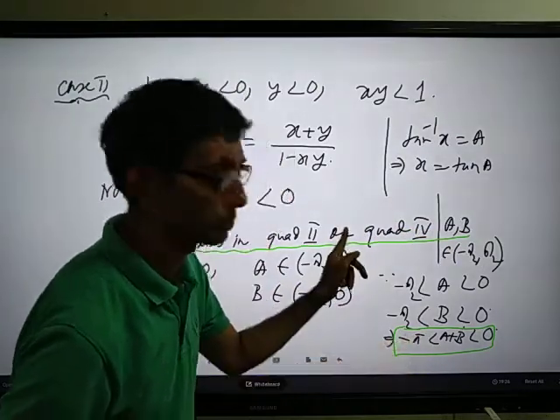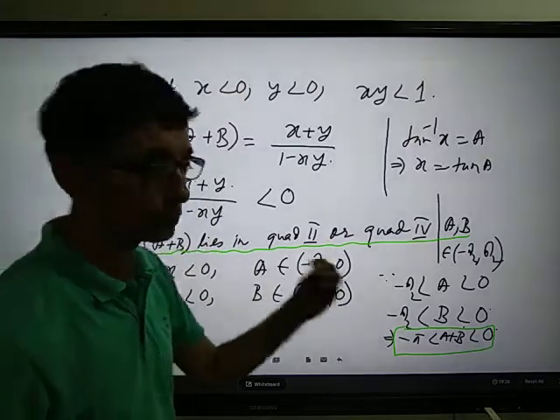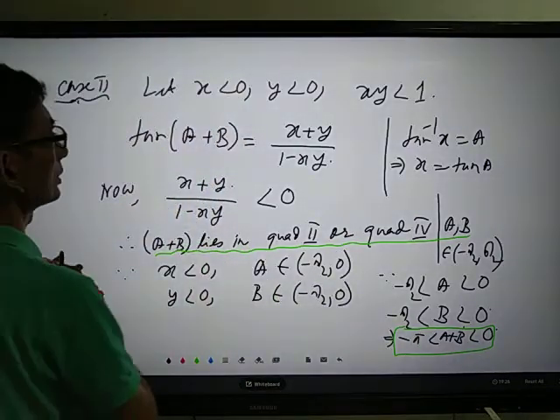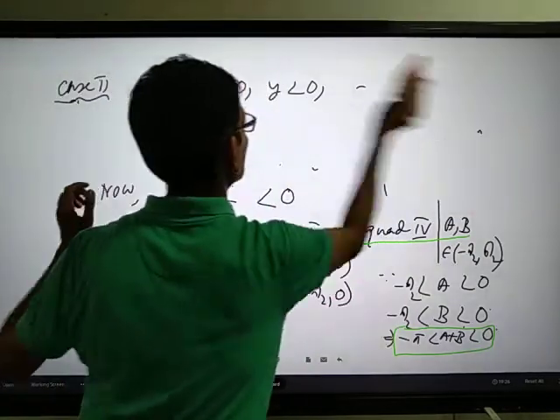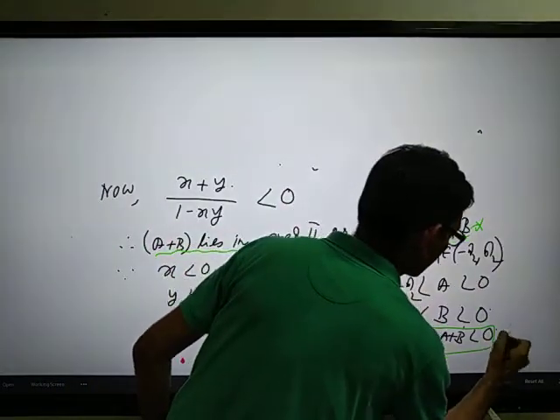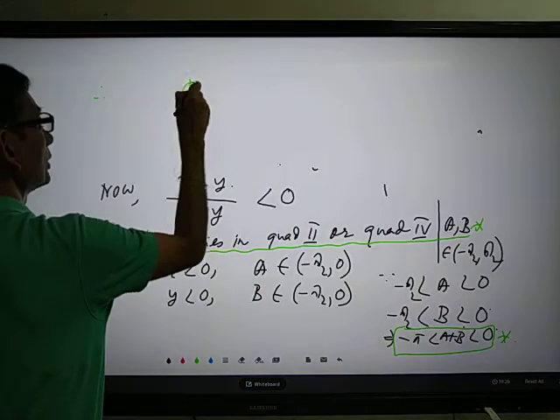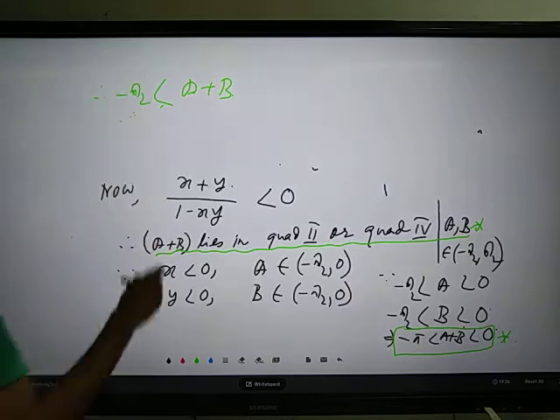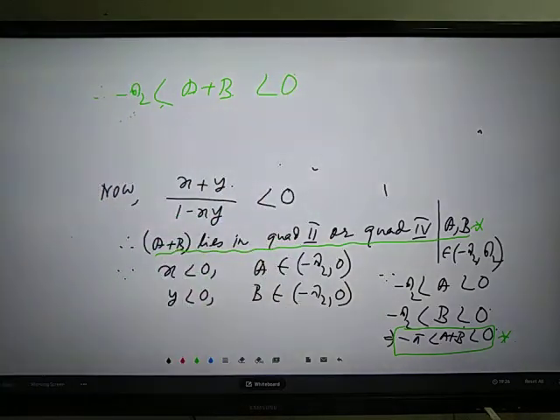Combining these two, you can say that A plus B will actually be lying in the fourth quadrant. So with the help of this and this, A plus B will be lying between minus pi by 2 to 0. That means A plus B will be lying in the fourth quadrant.